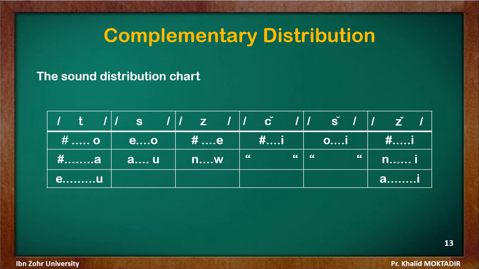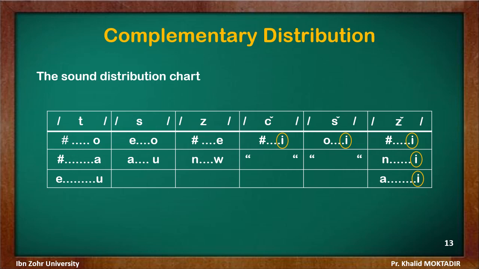Now, for ch, sh, and j, it's quite easy to see that all of them occur in the same kind of context, that is just before the vowel E. So here again, we move on to the next question, if you remember, which requires you to say which of the two variants should be considered as the basic form and which one as the derived form.